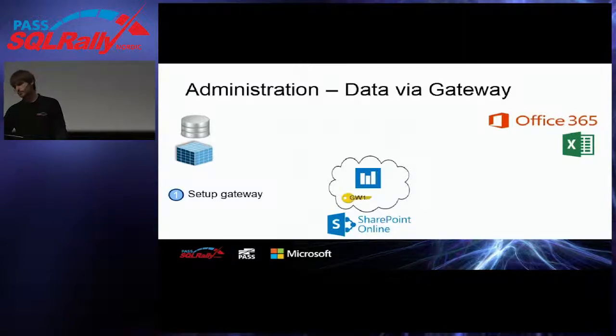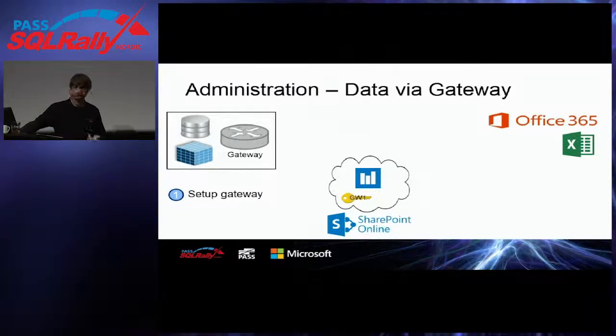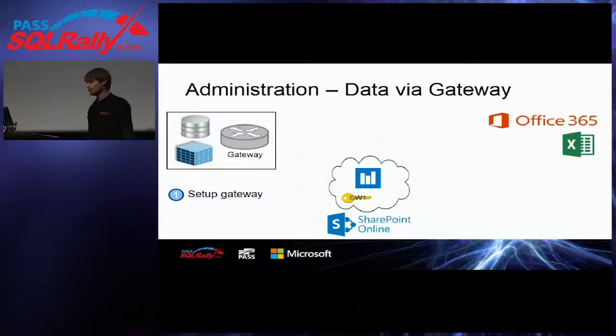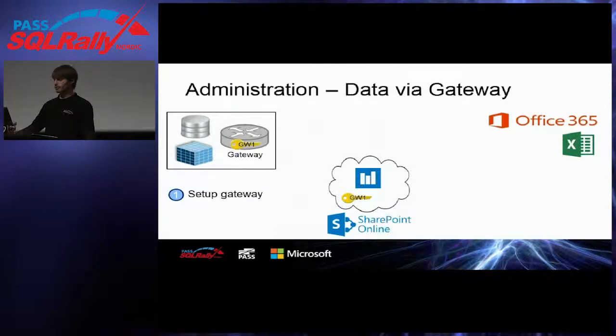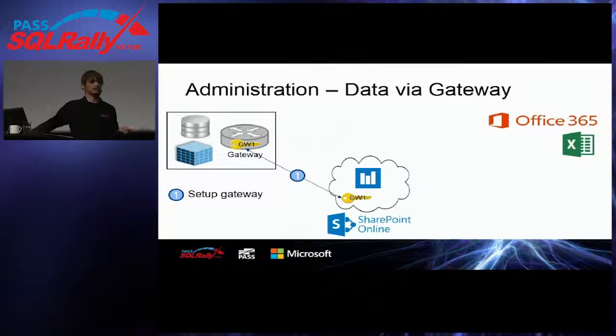This is done initially in SharePoint Online. So you set up a gateway, and you get a gateway key, which uniquely identifies this gateway. Then you have to install the gateway software on your client or on your server machine, where the data resides, which is then linked or set up using the same gateway key. Then you can establish a connection.